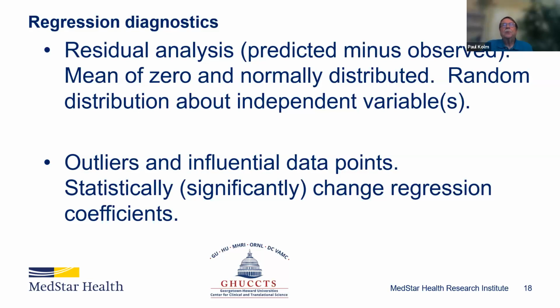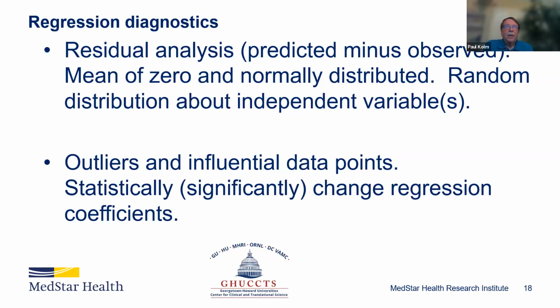And remember that residuals were the difference between the observed value and the predicted or the regressed value. And so these residuals, the predicted minus the observed, should be randomly distributed, or they should have a mean of 0 and be normally distributed. And they should also have a random distribution about the independent variables.